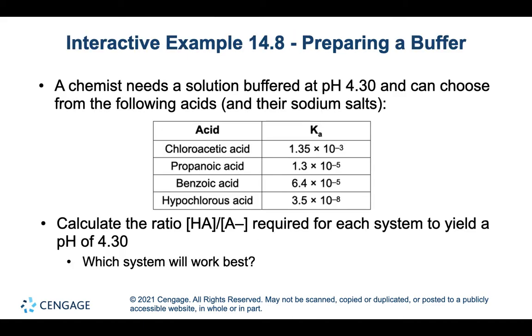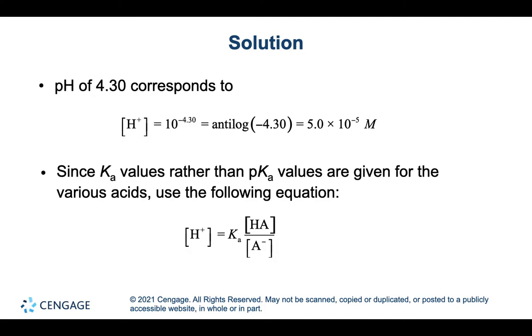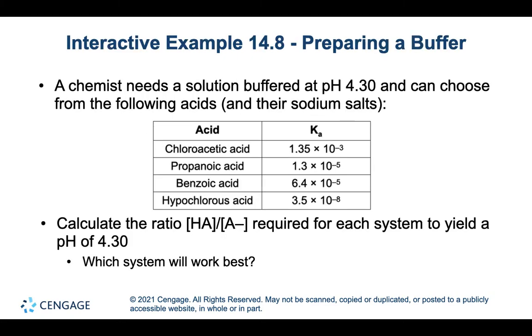So let's say we had these 4 possible weak acids and a chemist was trying to figure out which one to choose to get a buffer of pH 4.30. If we look at the anti-log of 4.30, it's 5 times 10 to the minus 5th.